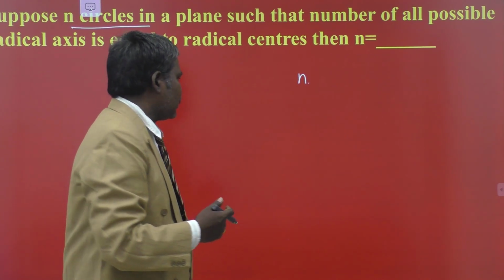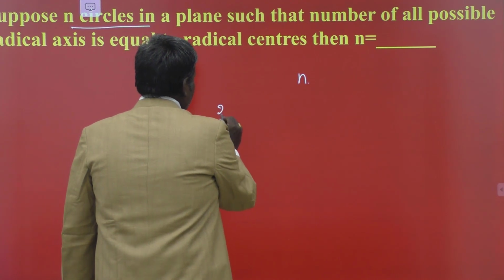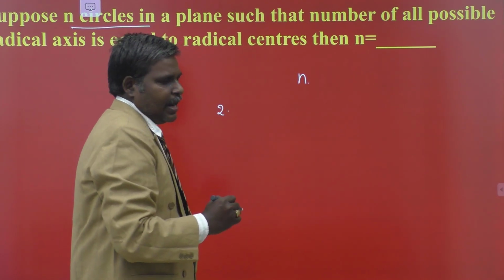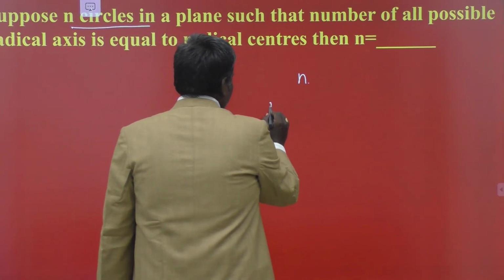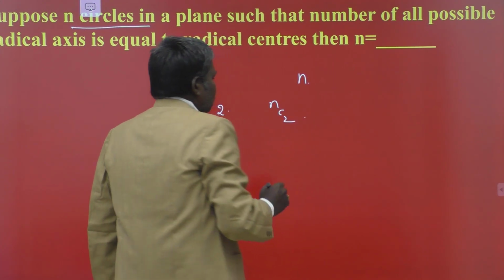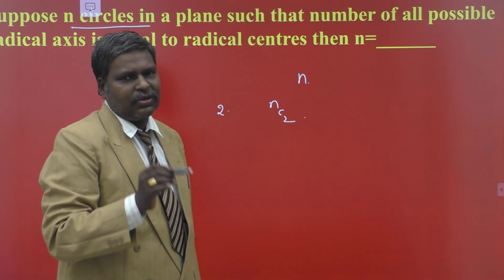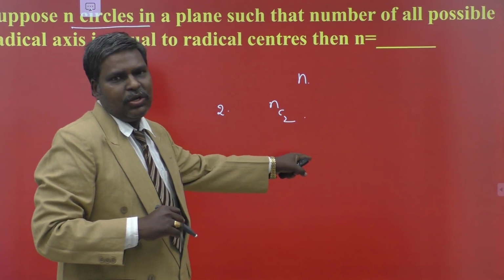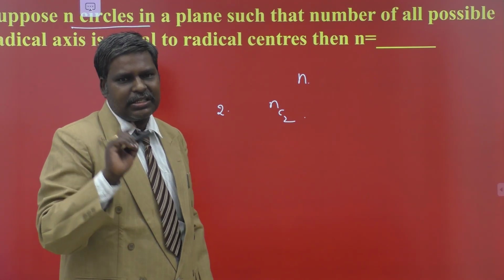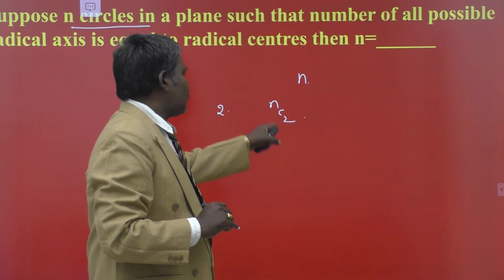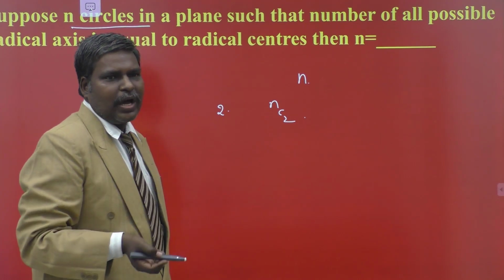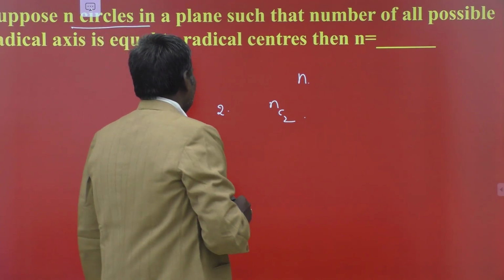So the number of radical axes is nC2, the selection of two circles out of n circles. For every two circles there exists one radical axis, so the number is nC2 into 1, that is nC2.